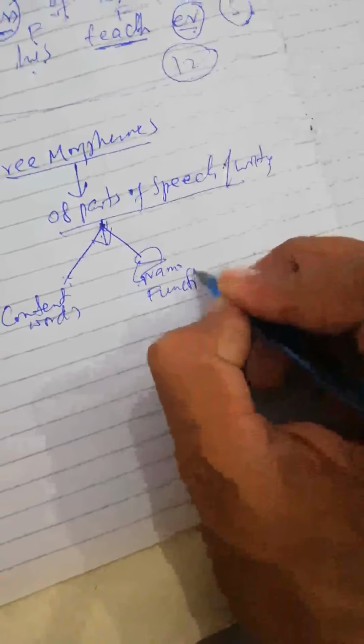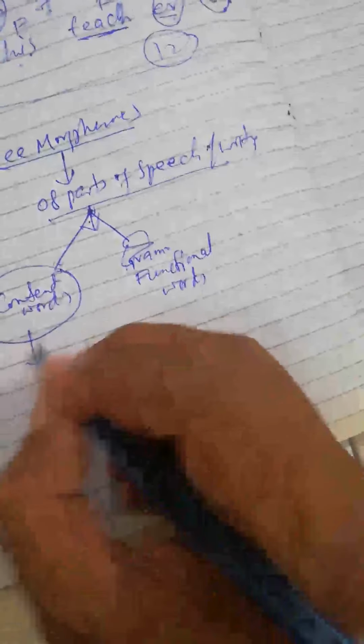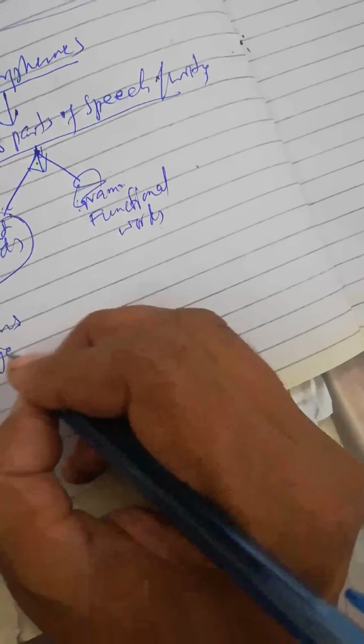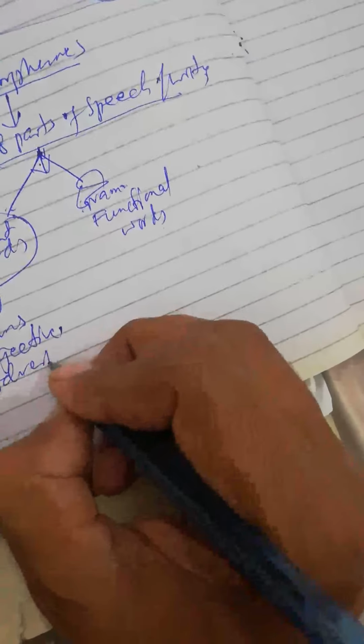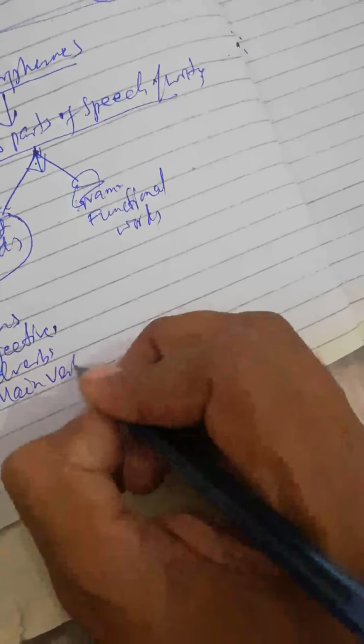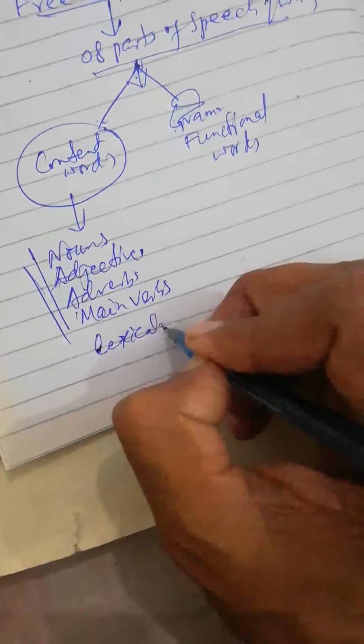Content words are four: all the nouns, adjectives, adverbs, and verbs, meaning main verbs. These are known as content words or lexical words.